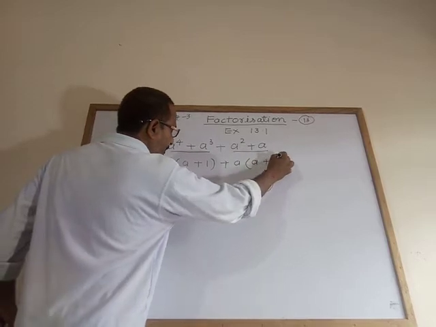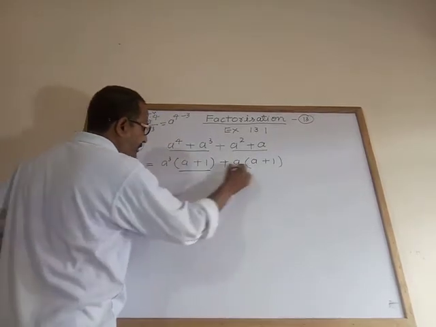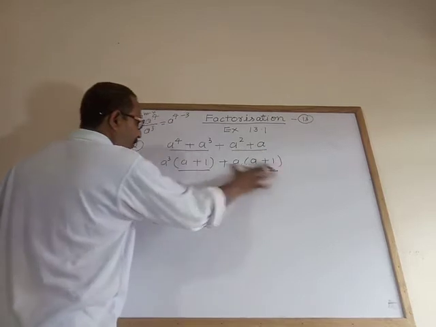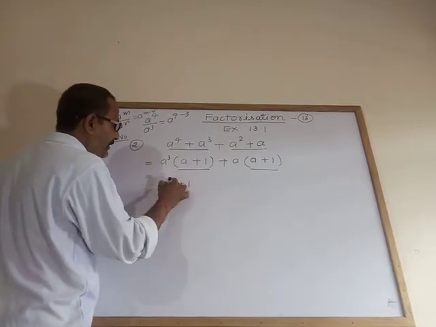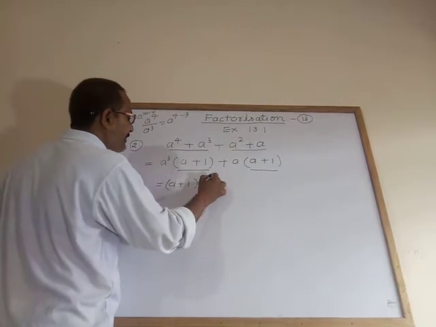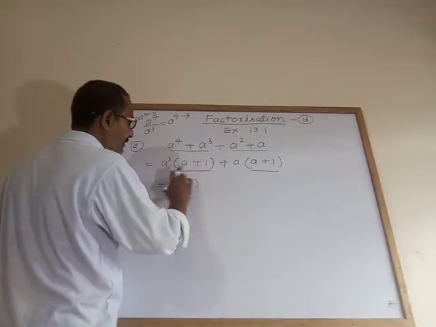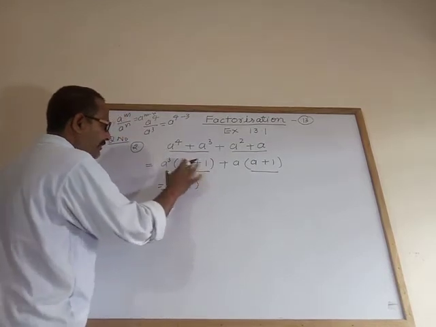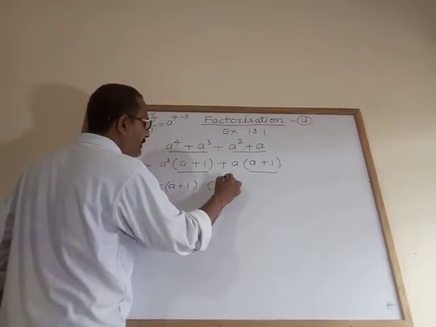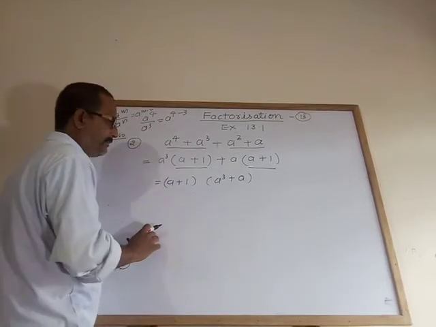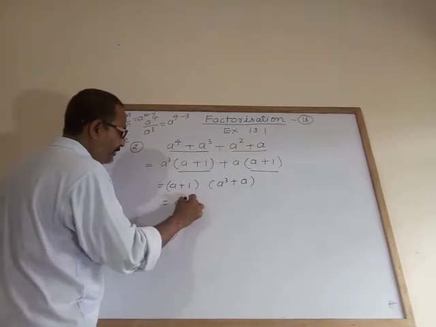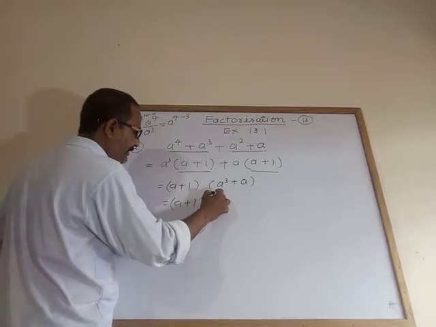Now here a is a common, what is remaining here? A and 1. Now see that a plus 1 is a common factor in both terms. What is remaining? It's remaining in the other bracket. In the other bracket, a cube plus a, a is a common. Now a plus 1, what is remaining?